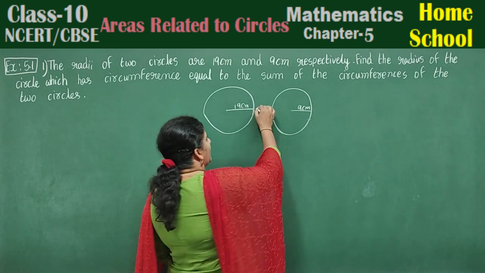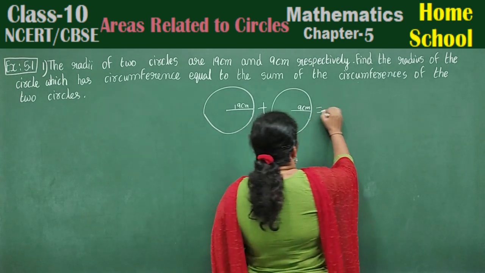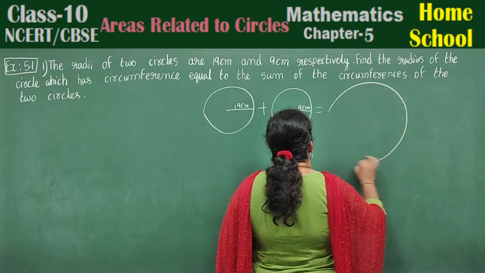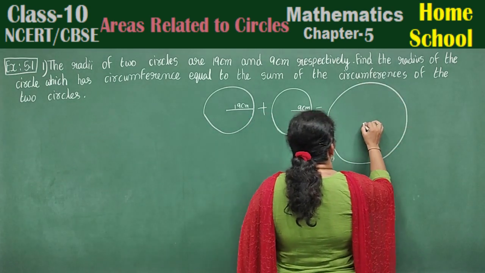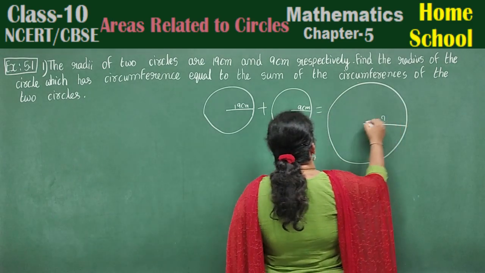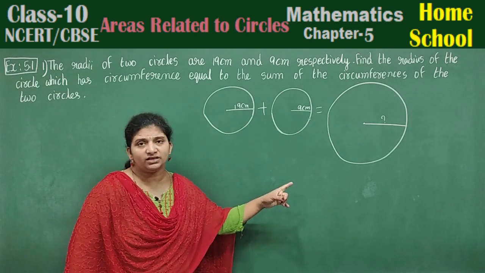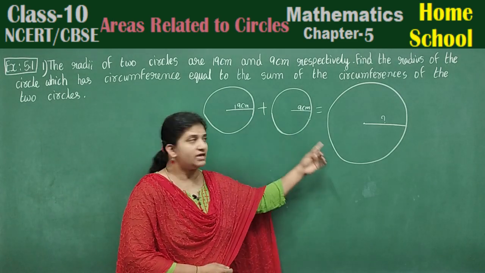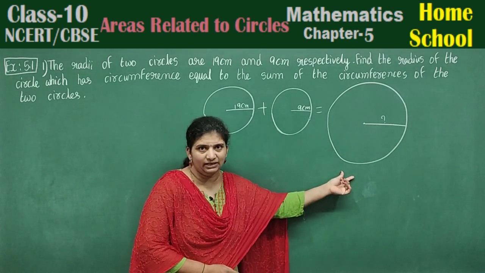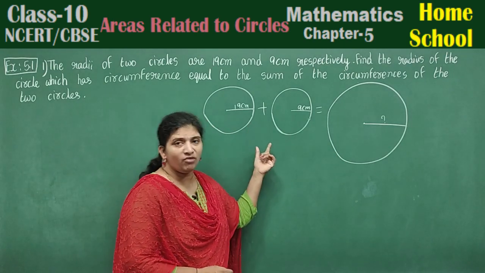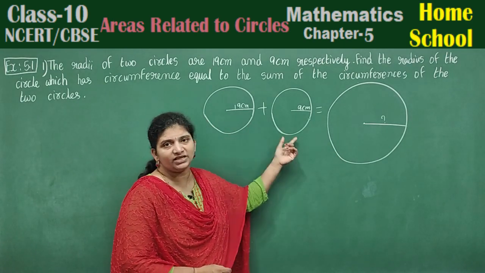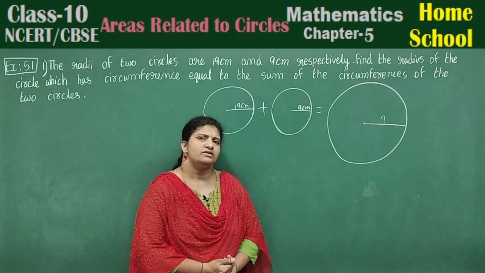So let me add these two circles, which is equal to the big circle's circumference. And what is this radius? We don't know. We need to find the radius of the new circle such that the circumference of this circle is equal to the sum of the circumferences of these two circles.